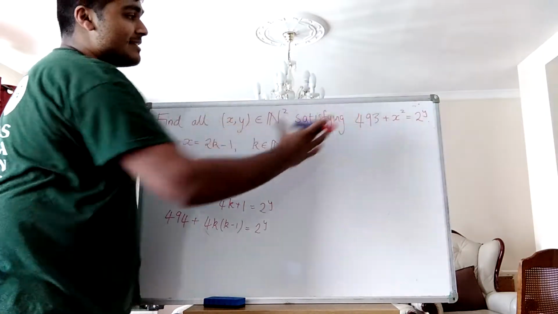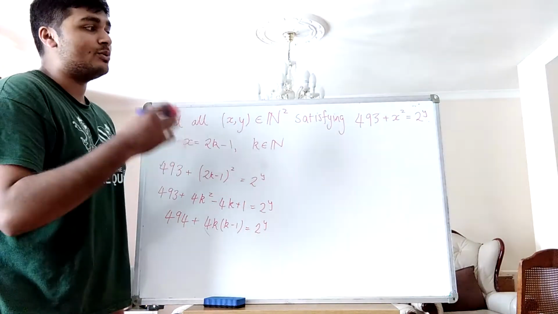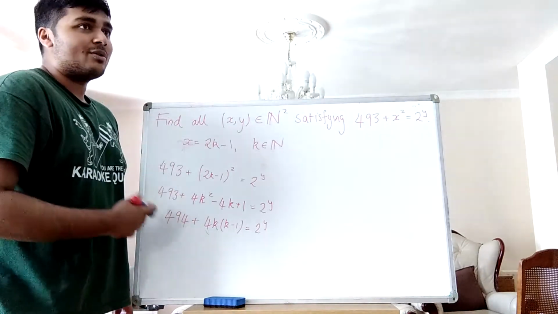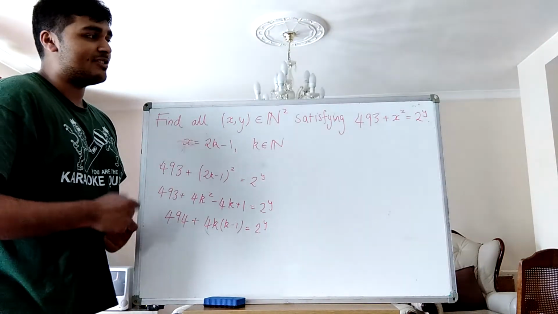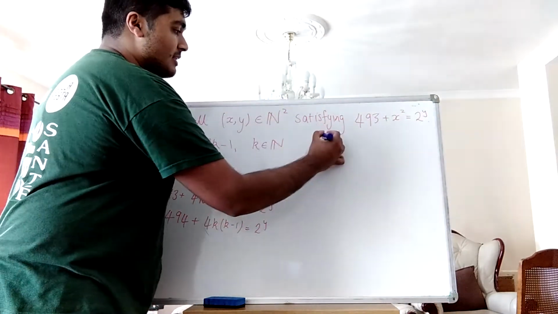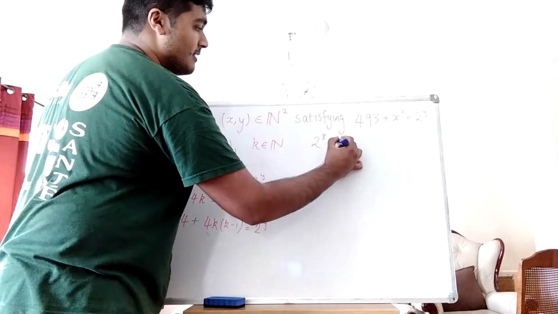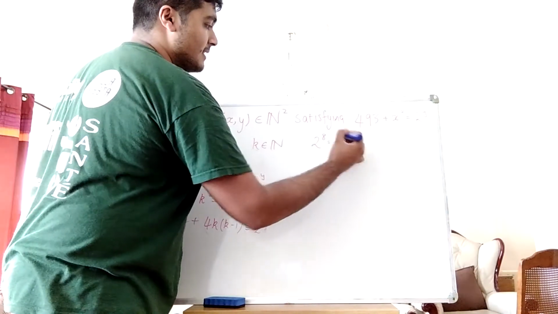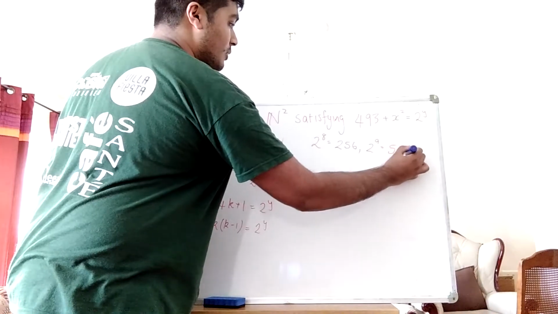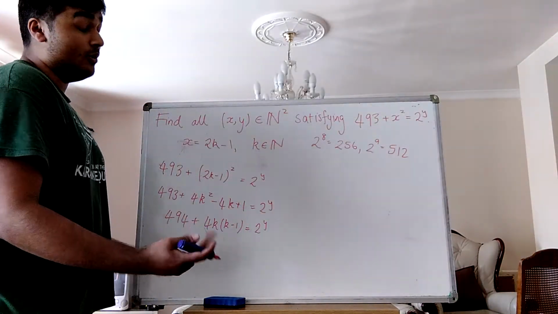Because obviously x is at least 1, x squared is at least 1. So we have the left-hand side, which is at least 494, and that equals a power of 2. Well, now if we look at the powers of 2, 2 to the 8 is 256. 2 to the 9 is 512, which is bigger than 494.